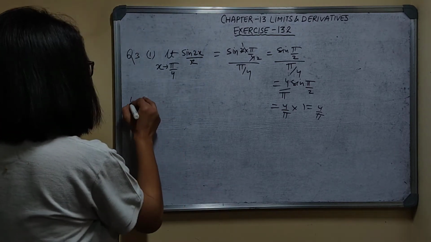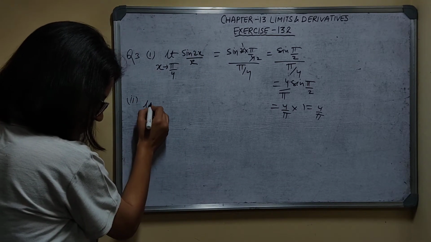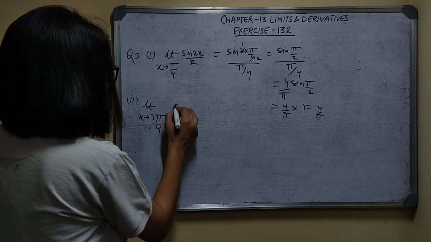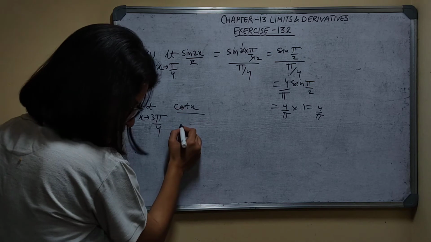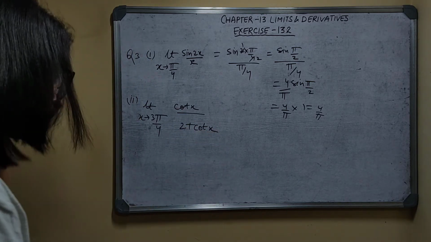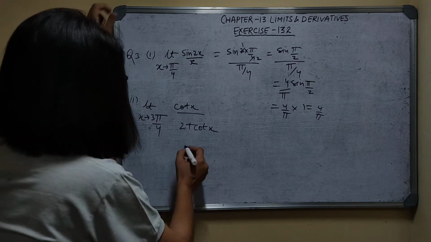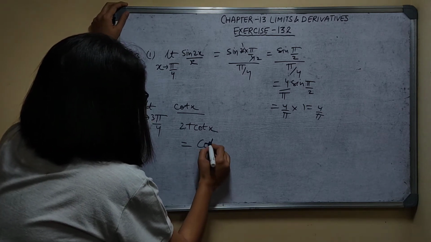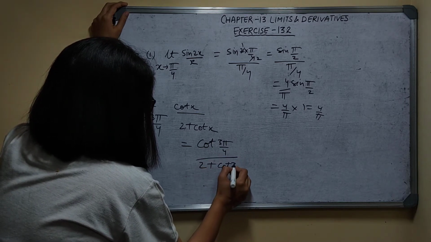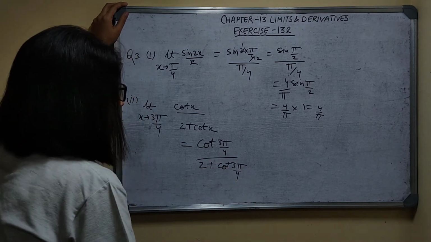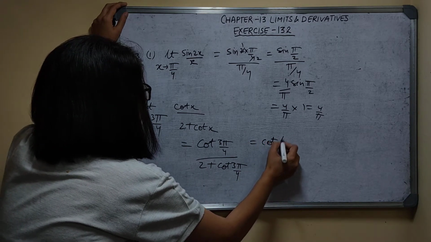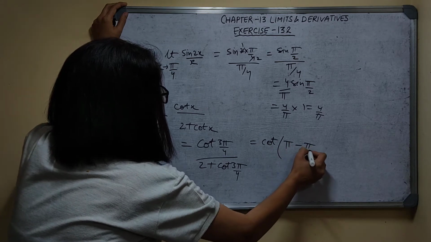Now second part. Limit x tends to 3 pi by 4 of cot x upon 2 plus cot x. So I can see here cot 3 pi by 4 upon 2 plus cot 3 pi by 4. So cot 3 pi by 4 what can I write? Cot pi minus pi by 4.